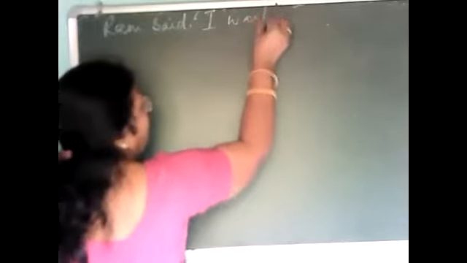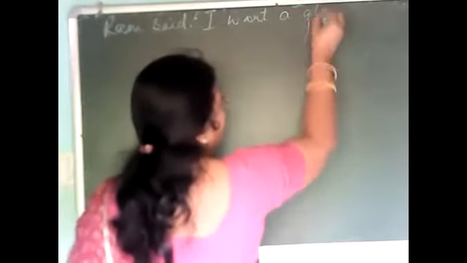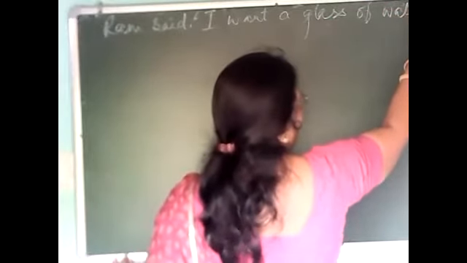And now I am rubbing everything. So what is the sentence I am writing once again? Ram said, I want a glass of water.